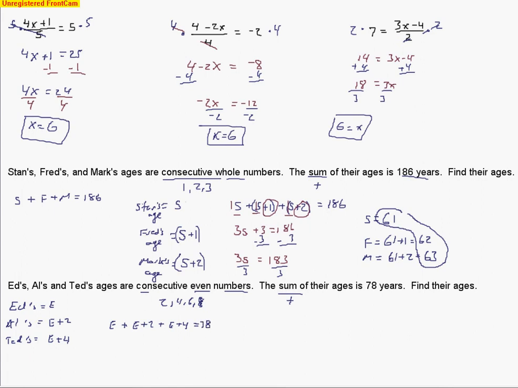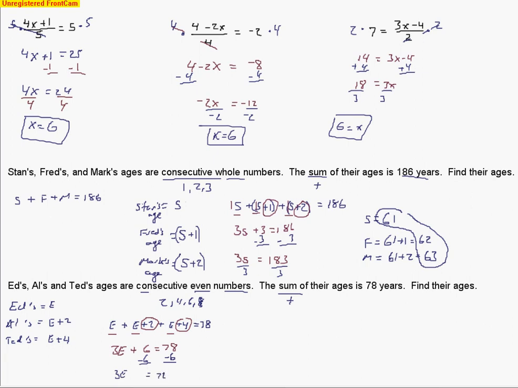So from that point, we just add up the E's. We got E, E, and E makes 3E. And then add up those constants here. 2 and 4 makes 6, and this will equal 78. So from that point, we're just going to subtract that 6 from all sides. So that leaves us with this 3E equals 72.